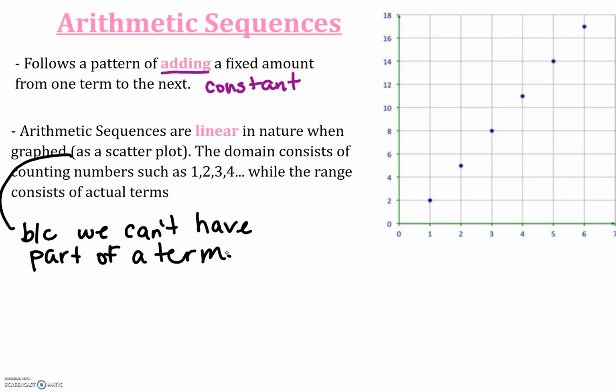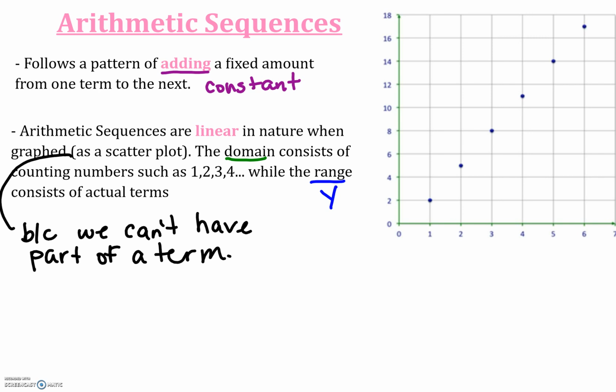These sequences or patterns always start when x is 1. So our domain, our x values, consist of only counting numbers, such as 1, 2, 3, 4, 5, etc., while the range, our y values, consist of actual terms.